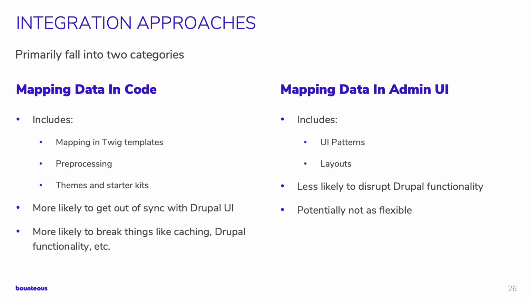So for mapping data in code, this includes things like mapping data in Twig templates, various approaches to preprocessing, themes and starter kits. And here, you're potentially a little bit more likely to get out of sync with the Drupal UI, in that you're doing it all in code and can do things like bypass certain display modes and things like that.